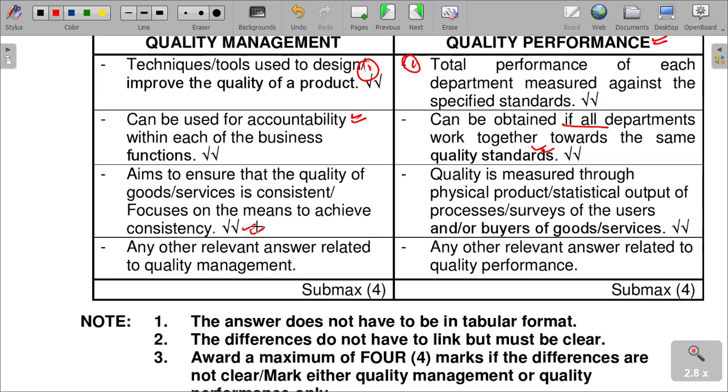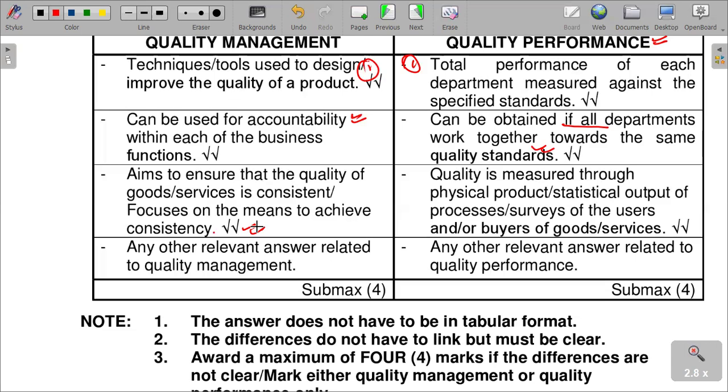That is quality management. And then quality performance, quality is measured through physical products or statistical output of processes as well as the satisfaction of the users and or buyers of goods and services.